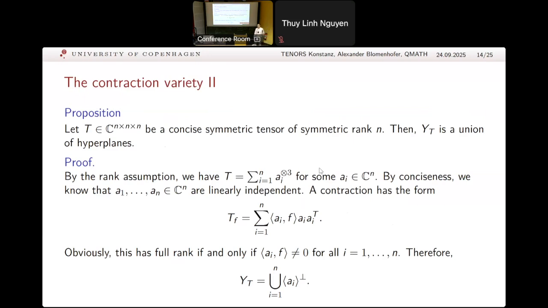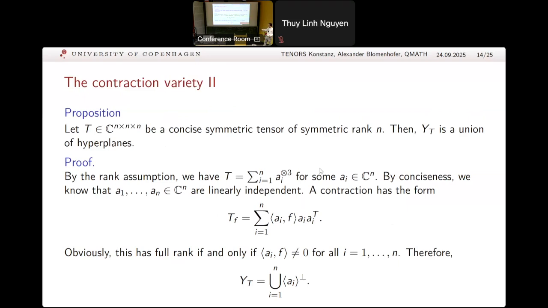We will see that these hyperplanes, the irreducible components of the contraction variety, contain exactly the information about our rank 1 decomposition. So why is that? The tensor can be written as a sum of a_i tensor 3 for some a_i, because the rank is n. And by conciseness, if you don't know what conciseness means, just take it ad hoc here that it means these a_i have to be linearly independent. And then when we look at contractions, how do they look?